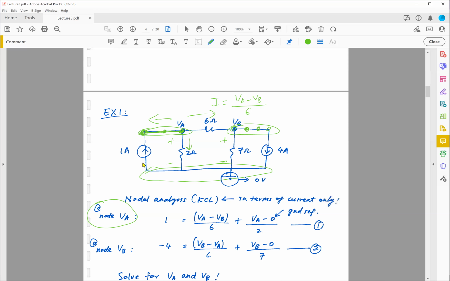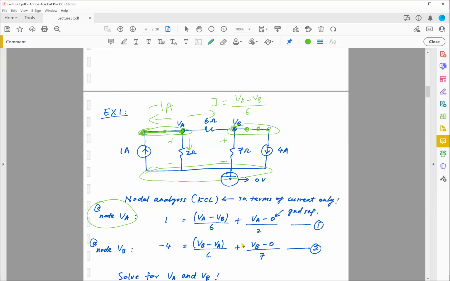If this is 1 amp flowing up, then flowing down is going to be minus 1 amp, the opposite direction. So this minus 1 amp going from right to left is my third term. So I have 1, 2, and 3.